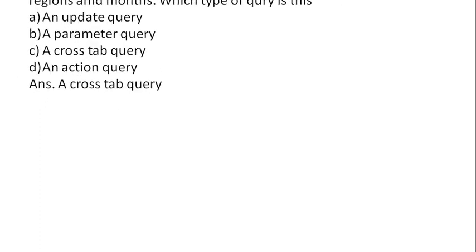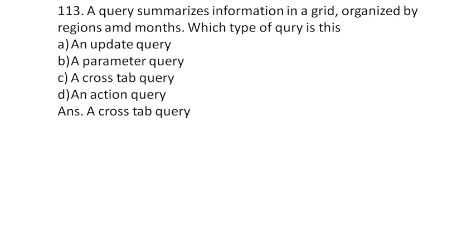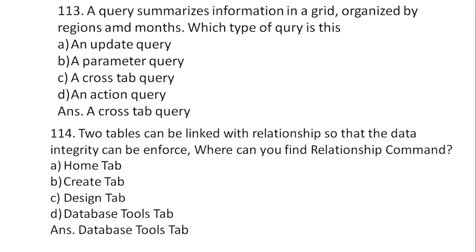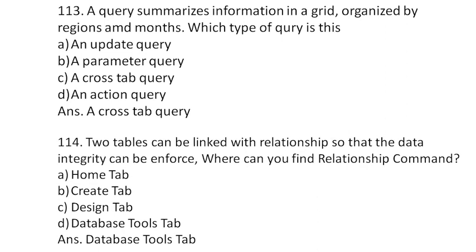Next, a query summarizes information in a grid organized by regions and months. Which type of query is this? Answer: a cross tab query. Next, two tables can be linked with a relationship so that the data integrity can be enforced.